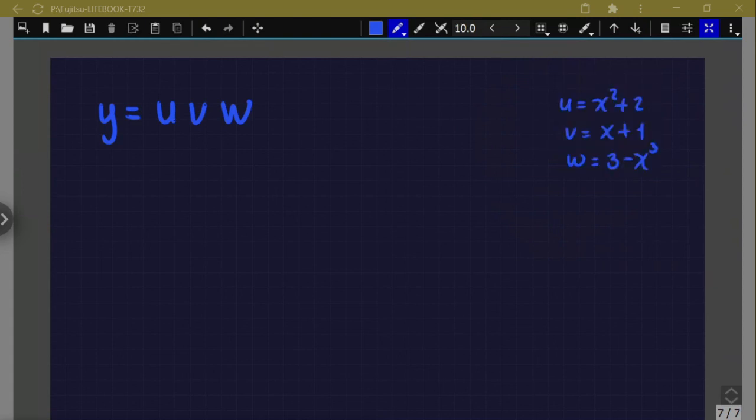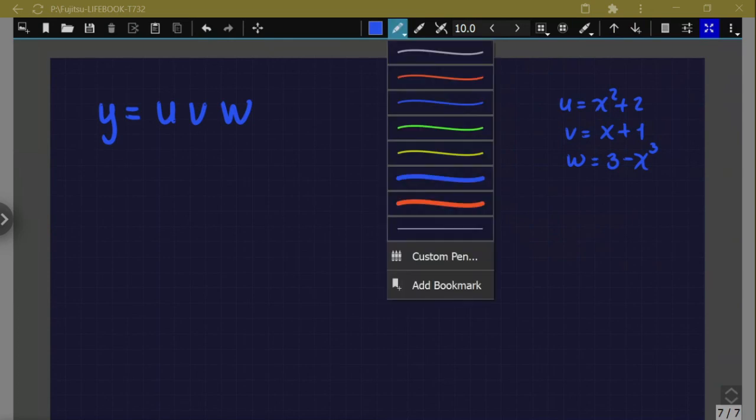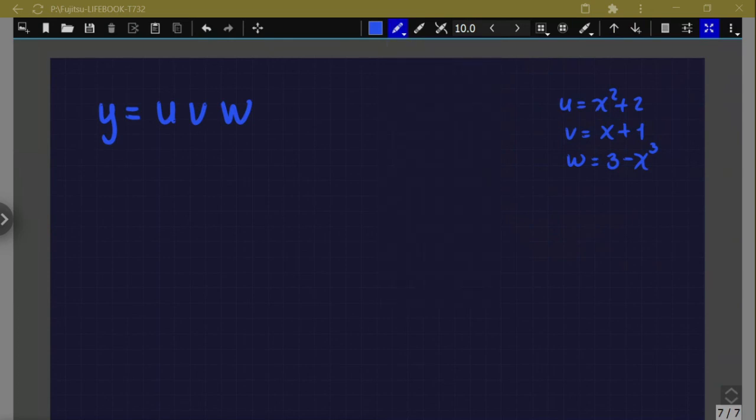When you have something like this, it's a good idea to use the product rule. What the product rule says is that the derivative is going to be equal to... Some people start by taking the derivative of the first term and multiplying it by all the terms. If you have three factors, as we have here, you will have three terms in the result. Let's see what those three terms are.